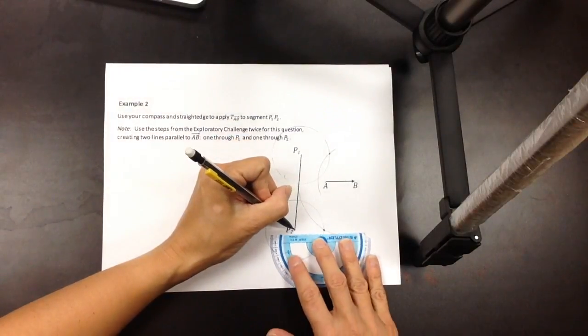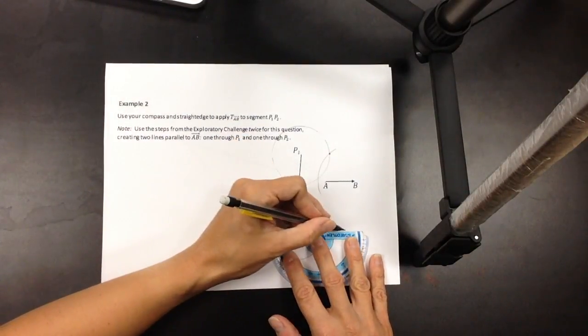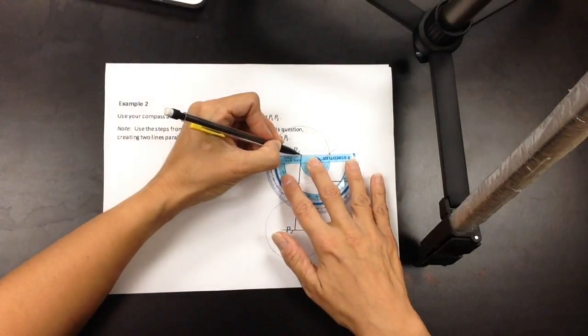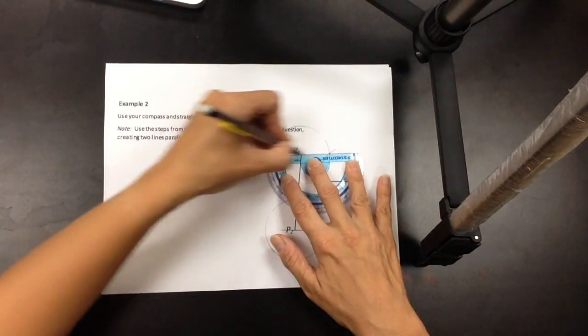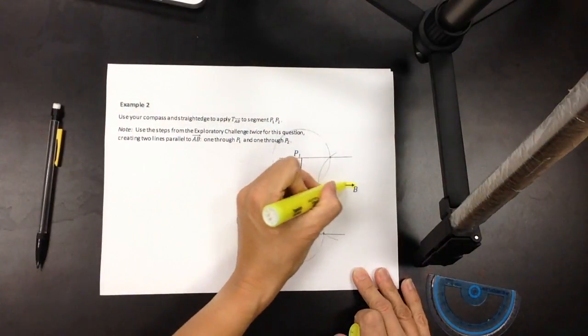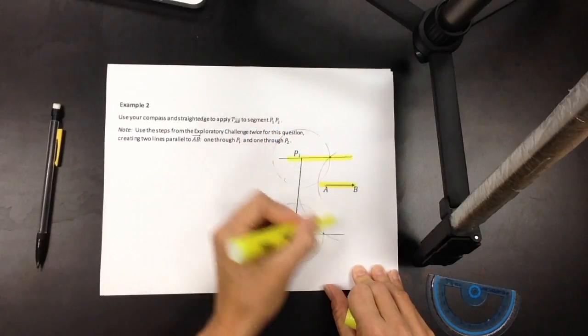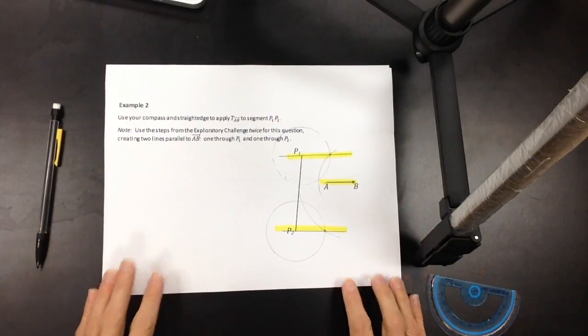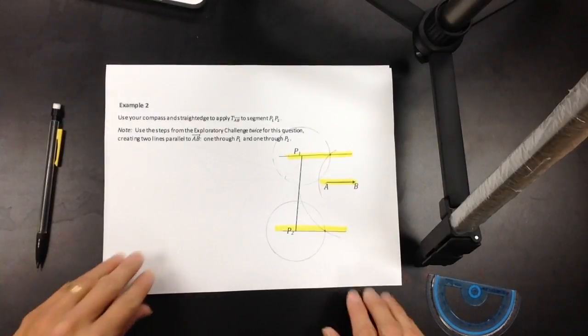And that's going to be our parallel line. And this is going to be our parallel line. So we have our original ray and our 2 parallel lines. Awesome.